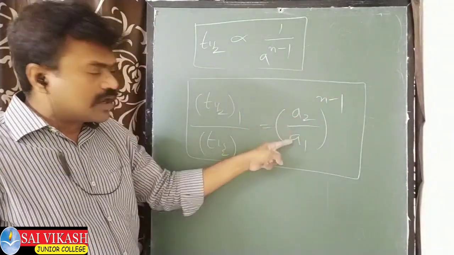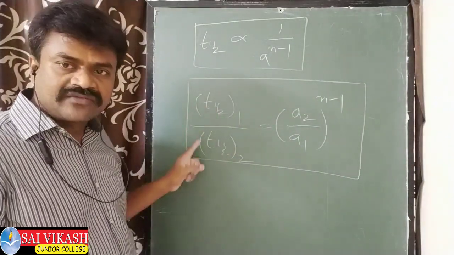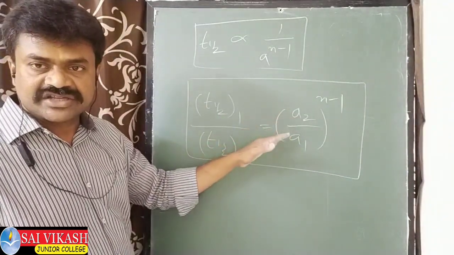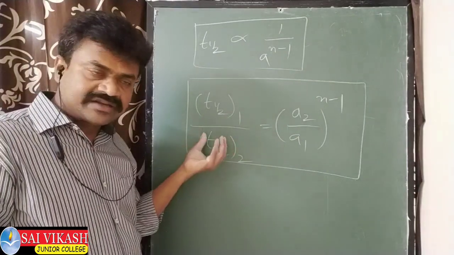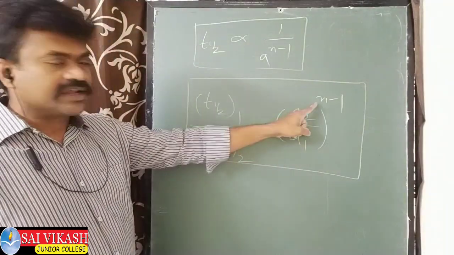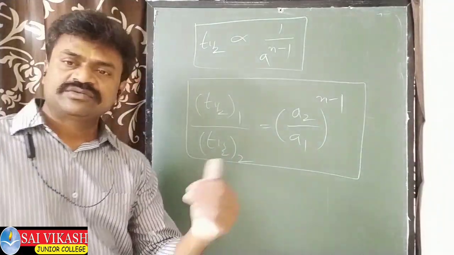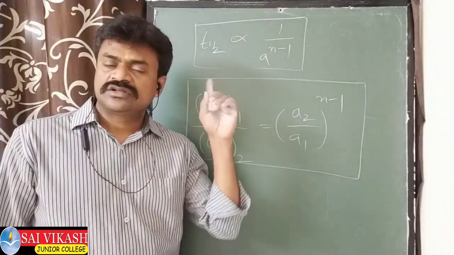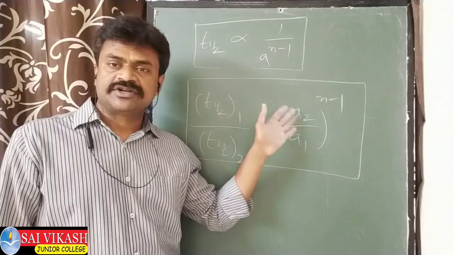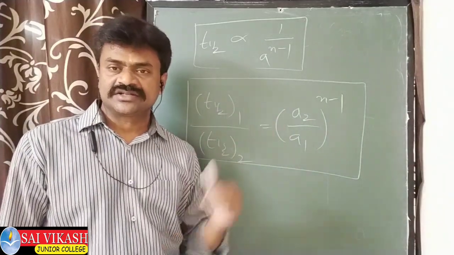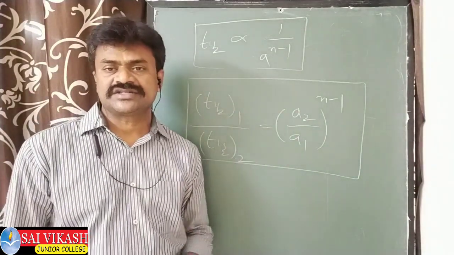Two half-lives and two initial concentrations will be given, and you substitute in that to get the n value. n is the order of reaction. So the given values match a particular order, and like that you can get the answer. All these appear in objective questions.